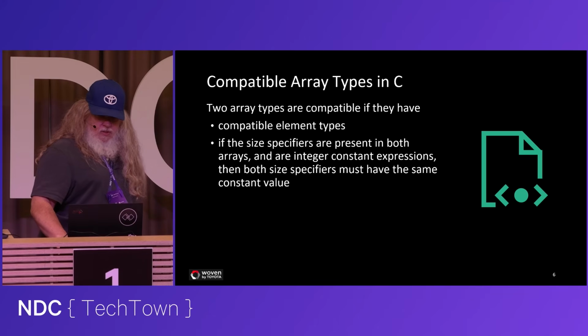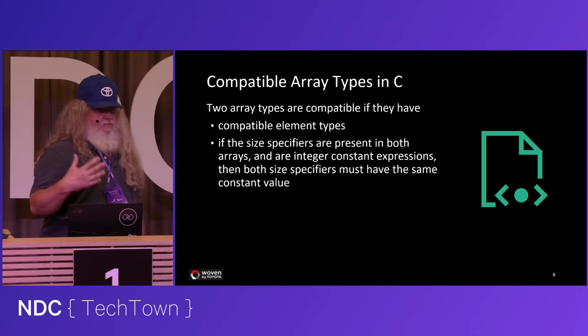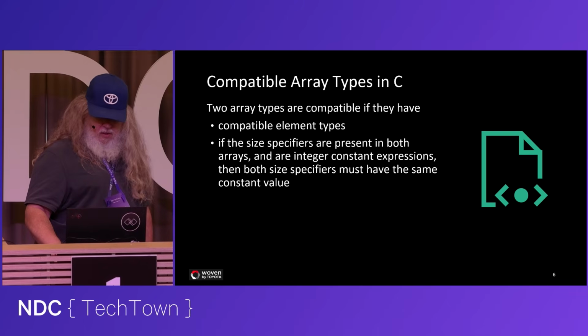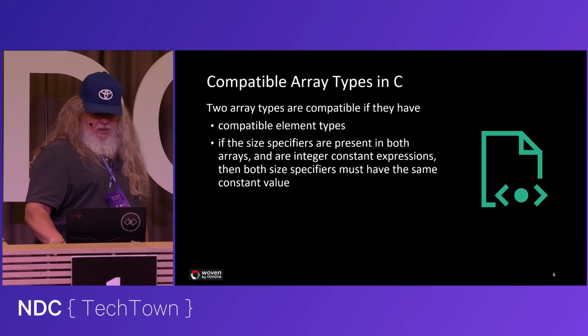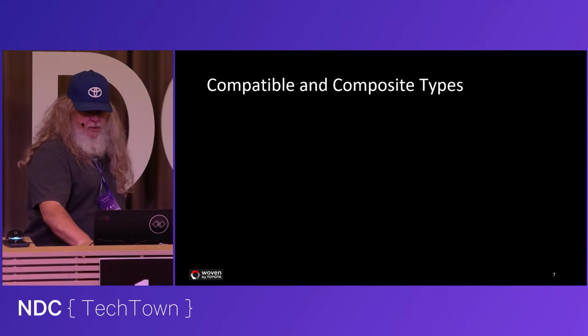But then there's an interesting phrase: if they have size specifiers, and only if they have size specifiers, then there's a little bit more to the rule. If the size specifiers are present in both arrays, and those size specifiers are integer constant expressions, then both size specifiers must have the same constant value to be compatible.